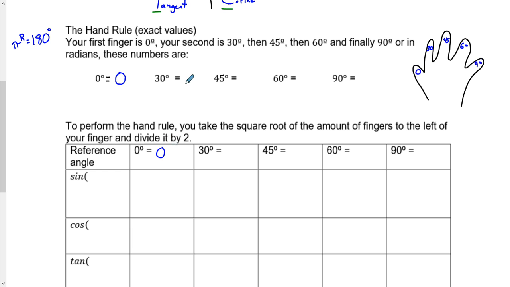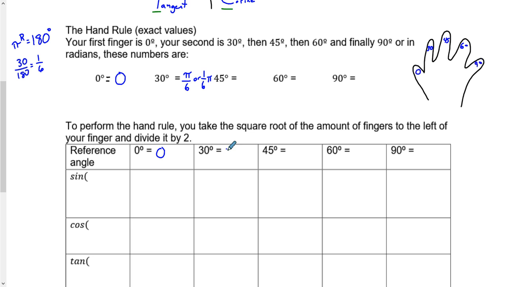But if you look at it proportionally, 30 degrees, how much is 30 out of 180? Well, it's 1/6. So if 180 degrees is 1 pi, 30 degrees would have to be 1/6 of this size. Now we're not going to use the decimal, we're going to go to the exact, which means we're going to call it 1/6 of a pi, either pi over 6 or 1/6 pi.